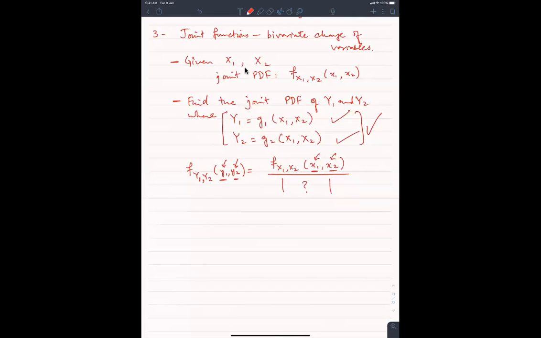Y1 और Y2 आपको दिए हैं in terms of X1 and X2. I can inverse these expressions. So basically ऐसे लिख सकते हैं कि you have (y1, y2) equal to some G matrix times (x1, x2).